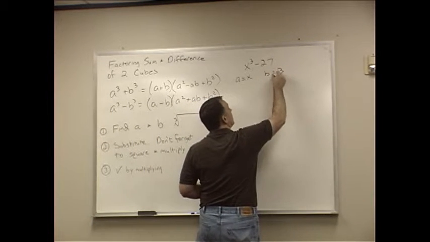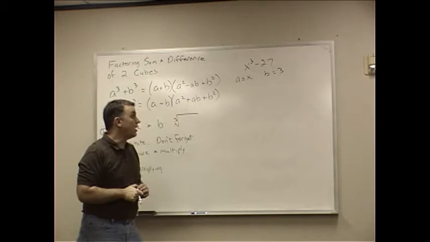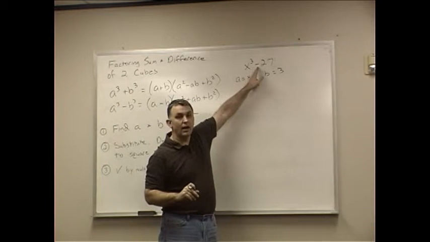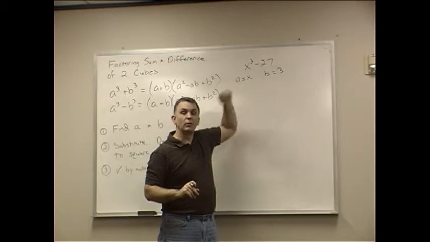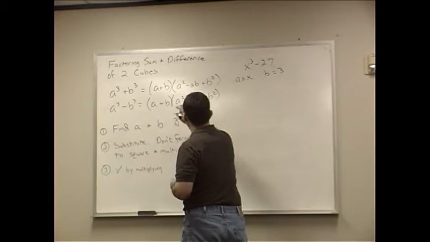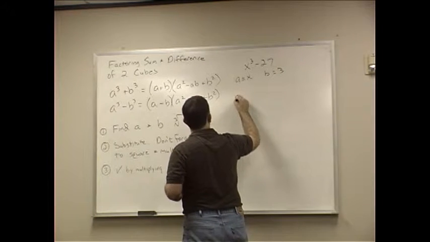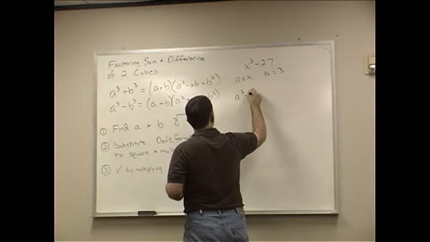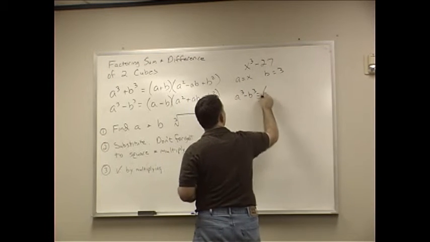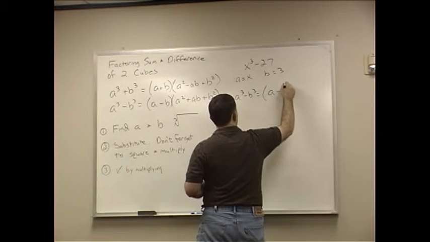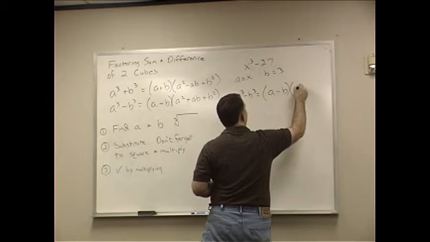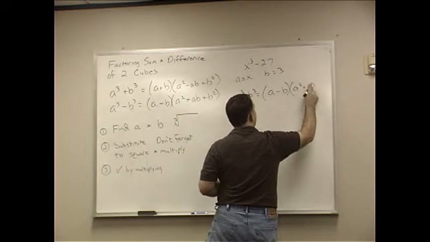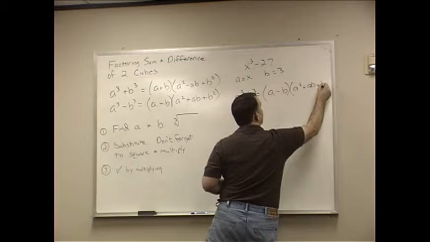So b is equal to 3. Now, this is a minus sign, so it's the difference of two cubes. So I'm going to go ahead and write that formula. I've got a to the third minus b to the third equals a minus b, then I've got a squared plus ab plus b squared.